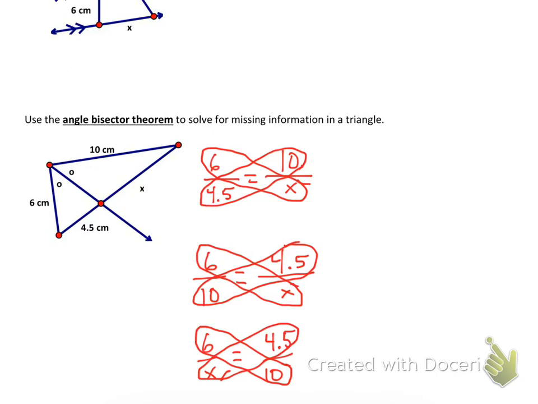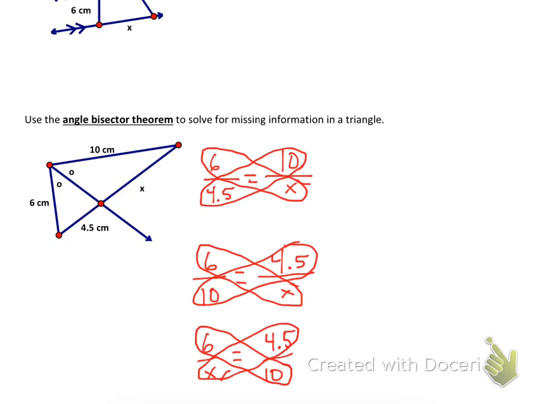X. 6 times x in the first one, 6 times x in the second one. 4.5 times 10 in the first one, 4.5 times 10 in the second one. But now we go down to the third one, and what do we have? What is x multiplying by here? 4.5. So we're getting a different equation out of this, which is an incorrect one. And we're going to get 6 times the 10.